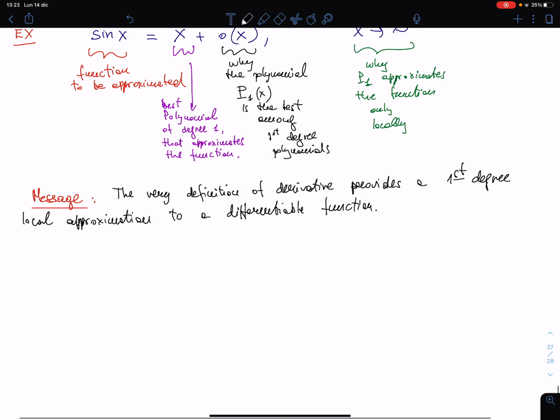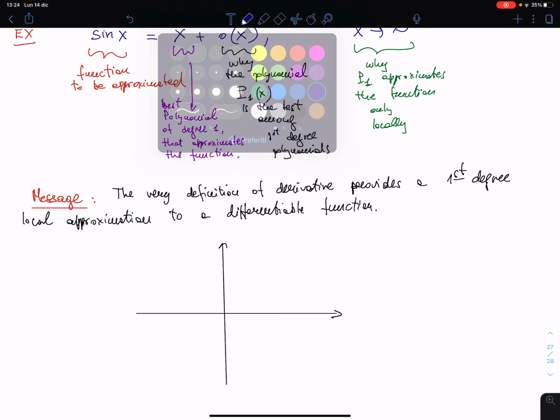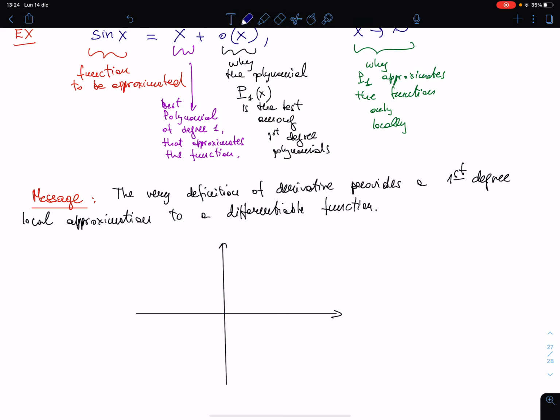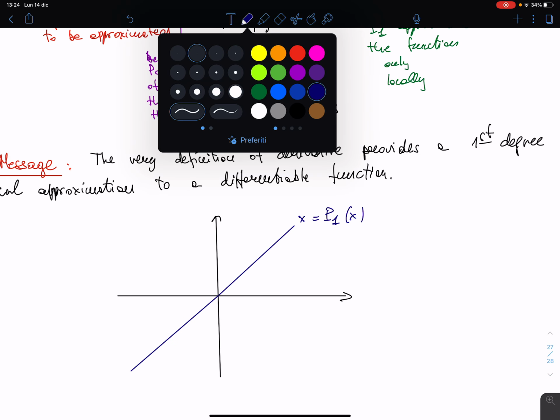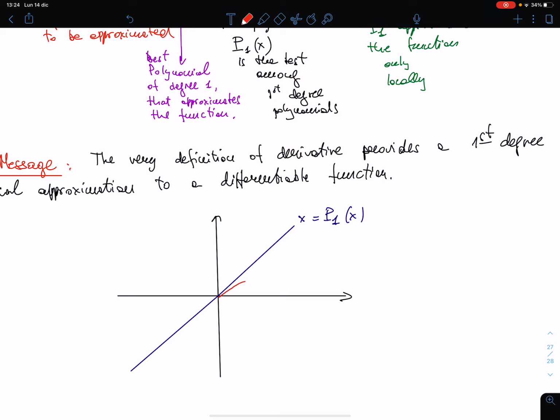Moreover, if you want to have a pictorial representation, here we have x, which is in this case the first order polynomial that approximates, and the function sine of x is this one.